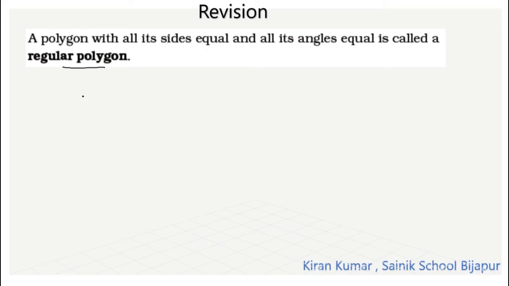If all 5 sides of a polygon measure equal length, then it is called regular. And there are 5 sides here, so a regular pentagon.